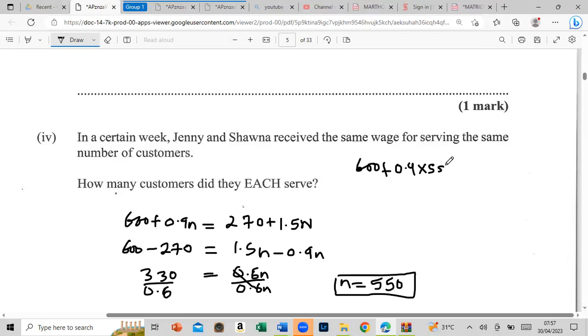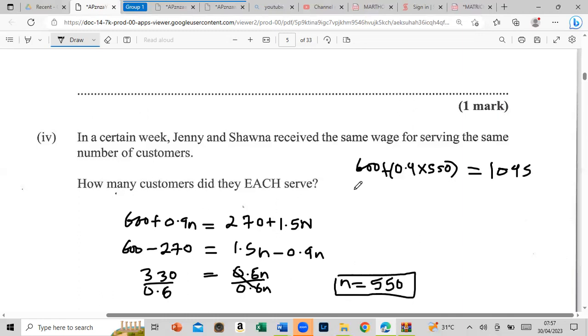I'm putting it in my calculator: 600 plus bracket 0.9 times 550, close bracket. That gives 1095. That's all for the first person.